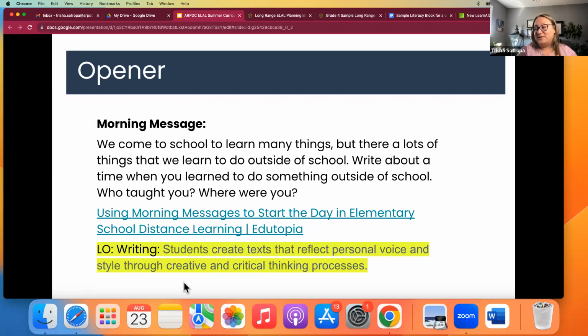So they're writing about themselves, they're talking about a time when they learned something, and they're connecting their experience to some kind of emotional happening and event. And as you're going to see later, I'll bring that opener back as a piece of their writing time in small group.